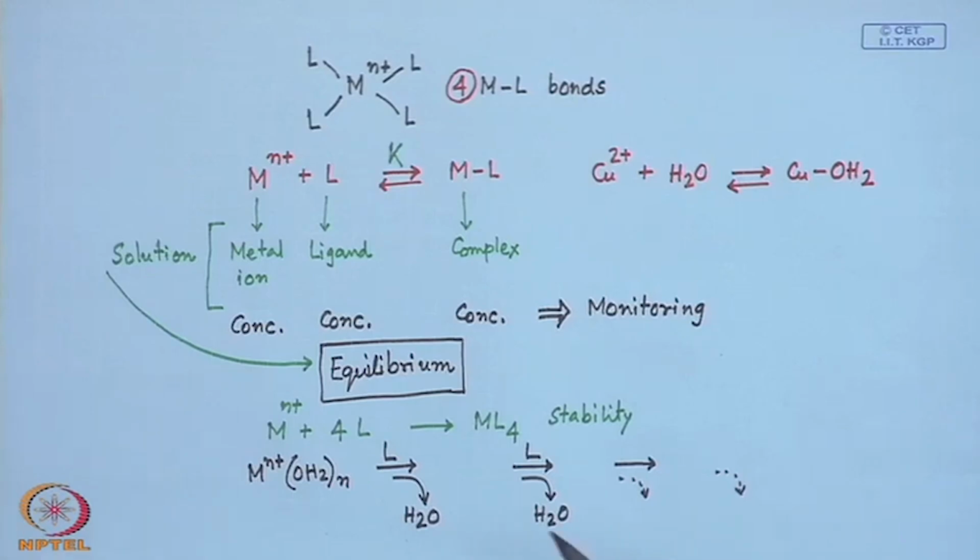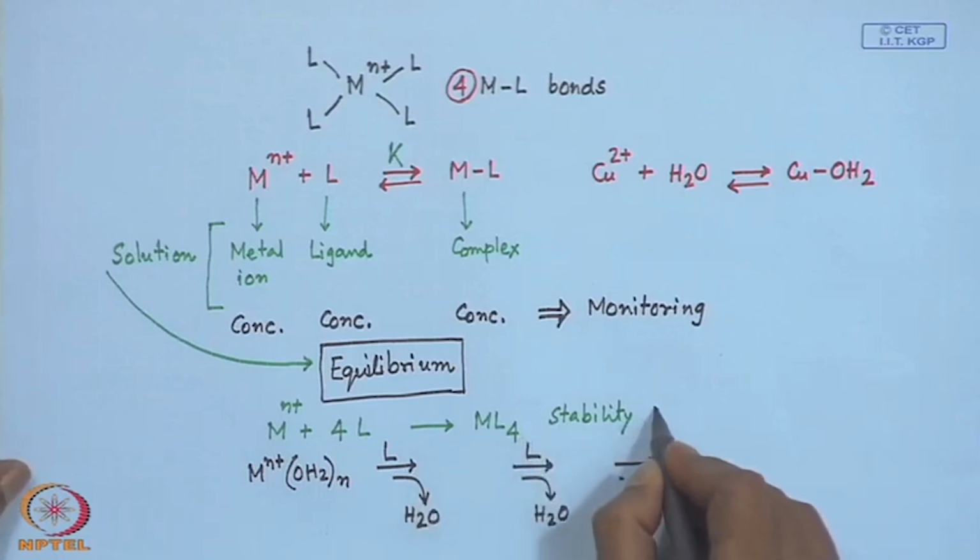These stages basically tell us how quickly we can achieve the corresponding stable species, because the other species, like ML1, ML2, ML3 etc., are not so stable. Only the ML4 species had some stability compared to the intermediate species. So, then we can find out the corresponding stability constant for that particular process.